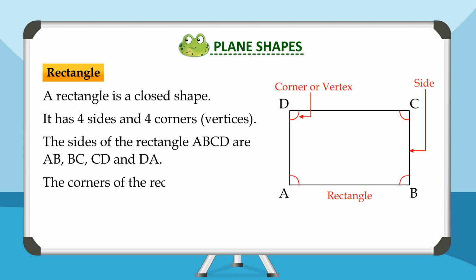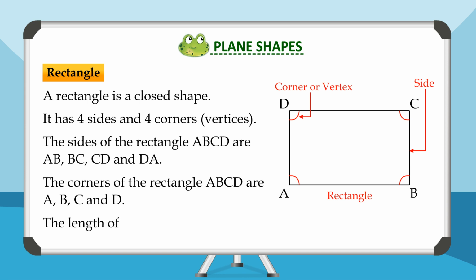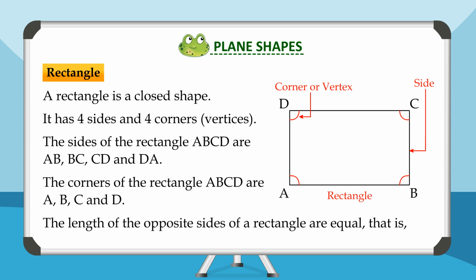The corners of the rectangle ABCD are A, B, C, and D. The lengths of the opposite sides of a rectangle are equal, that is, AB equals DC and BC equals AD.